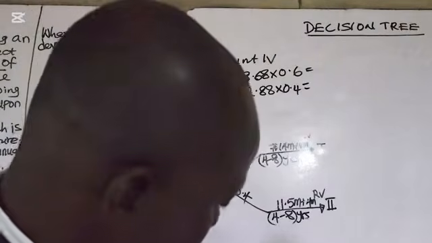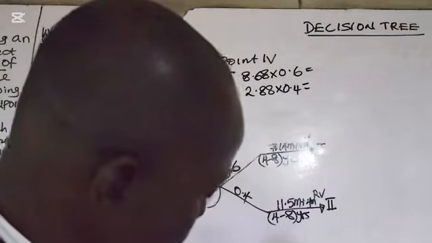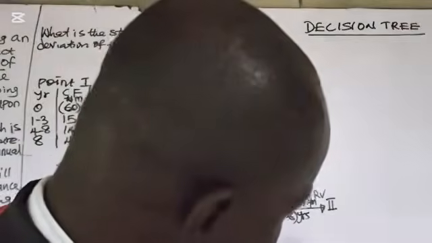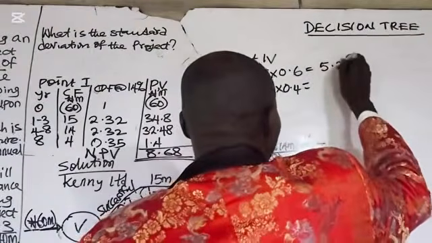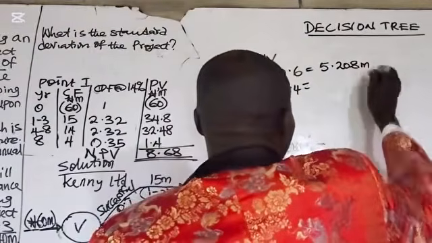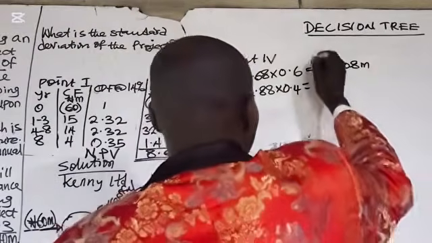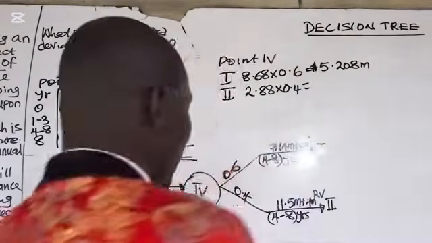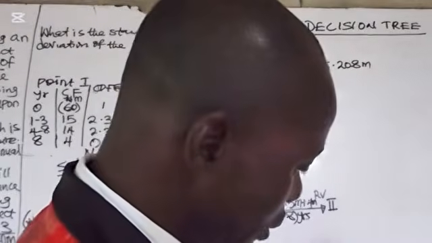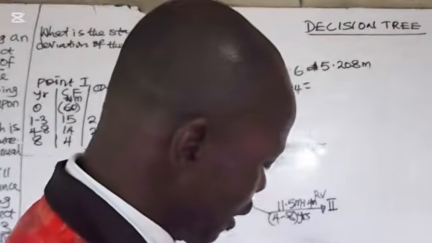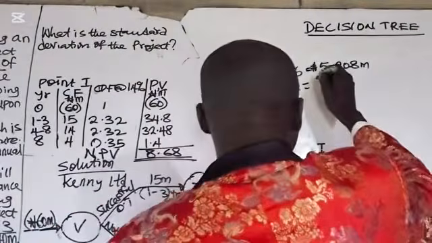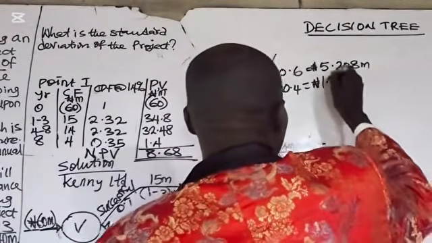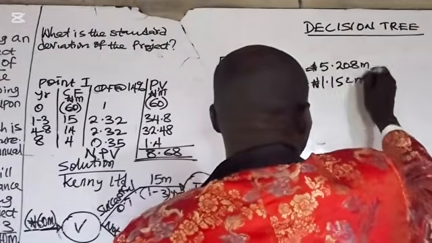So 8.68 times 0.6 gives us 5.208 million. Then 2.88 times 0.4 gives us 1.152 million.